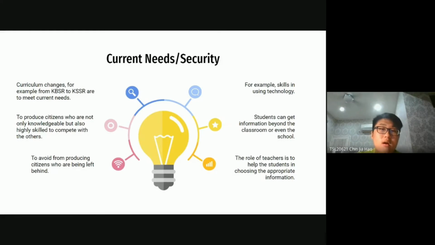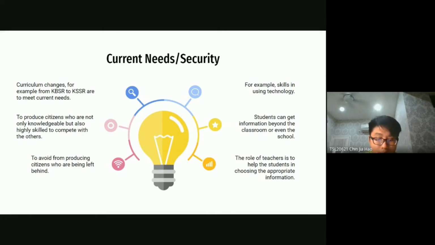And another reason for changing the content of curriculum is to avoid producing citizens who are being left behind. All right. So one of the ways that could meet the current needs today is to involve the learning of skills in using technology.